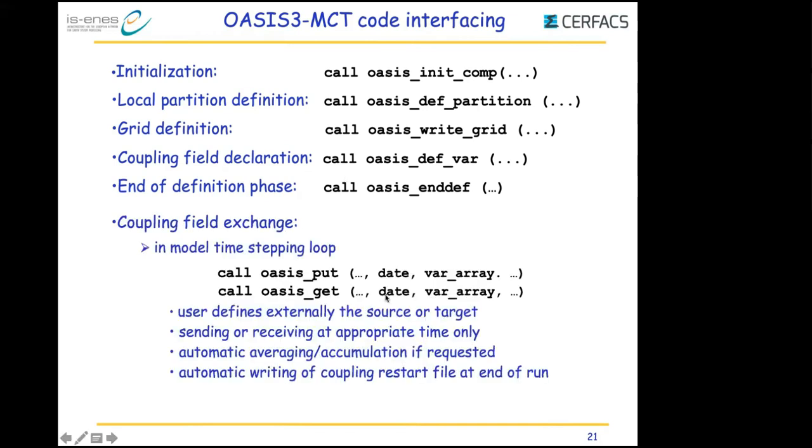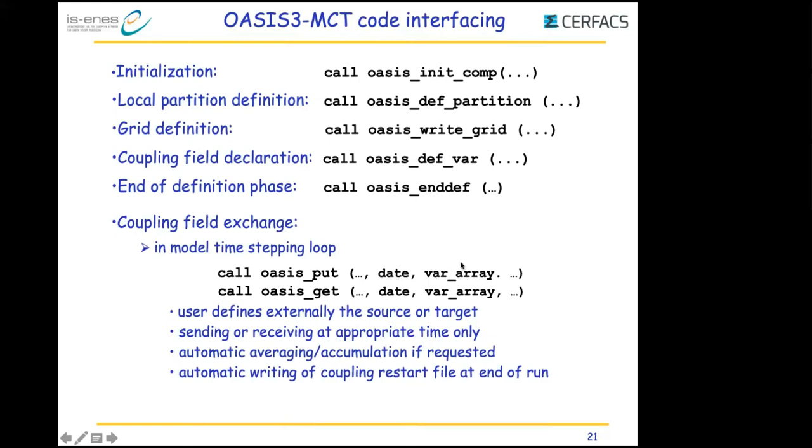The first part was the initialization phase, and then in the model time stepping loop, you have to implement OASIS put to send some data or OASIS get to receive some data. And you see here that as arguments, you have a date, which has to be the time at which the put or the get is valid.